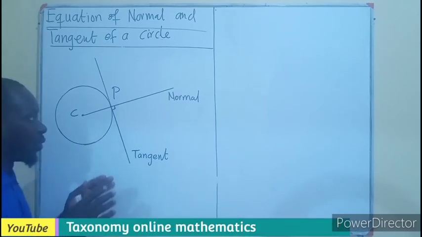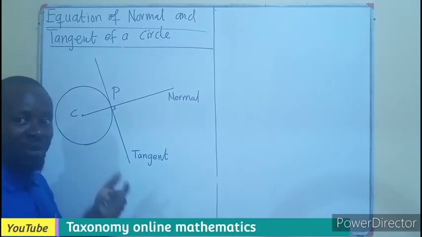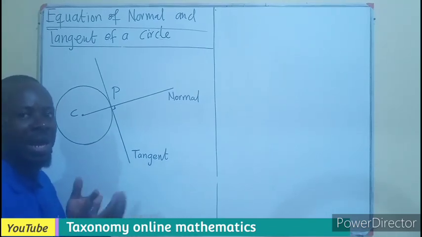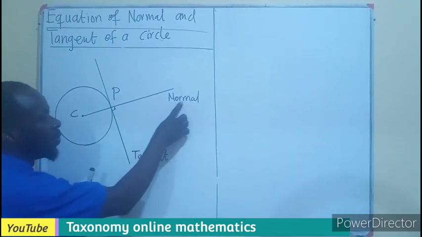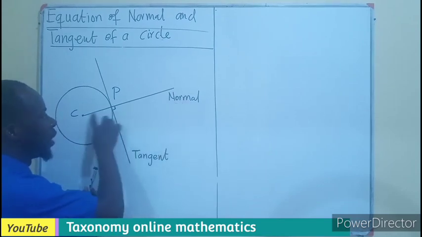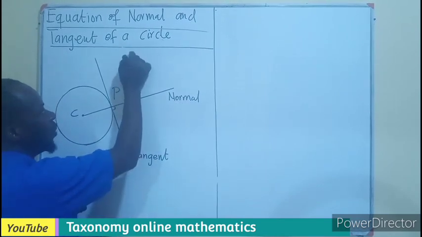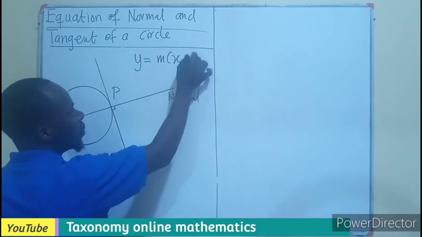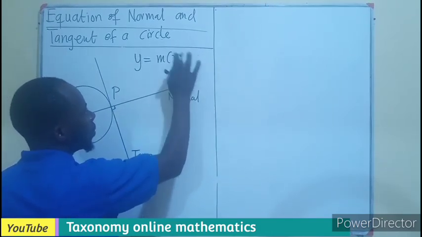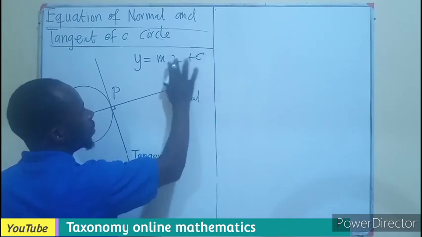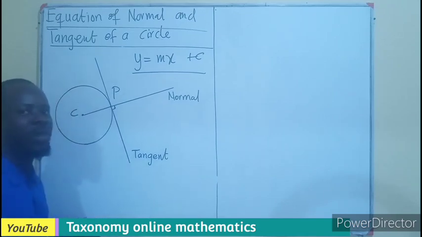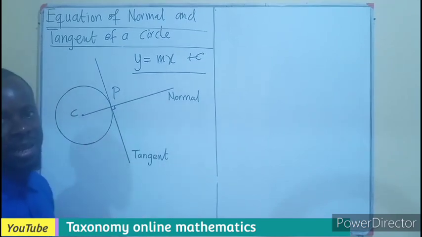A curve. So we will be having x squared plus y squared plus an x term, a y term, and a constant. But to find the equation of a normal, we know the normal is a straight line. So we will be having our equation in this form, where m is the gradient.